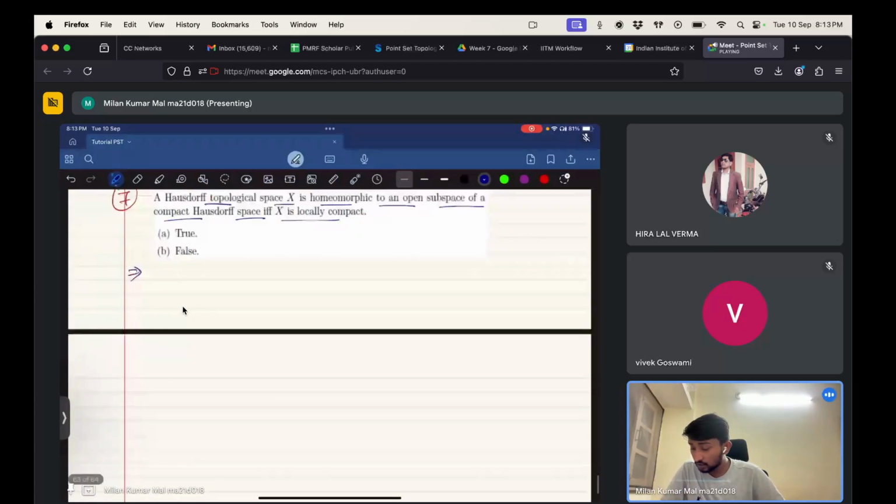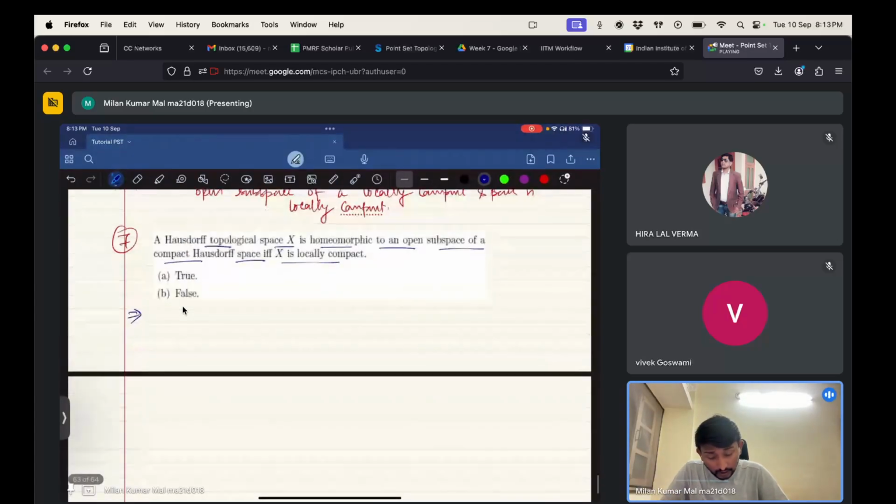So note that Y is a compact Hausdorff space. The question is true or false: a Hausdorff topological space X is homeomorphic to an open subspace of a compact Hausdorff space if and only if X is locally compact.